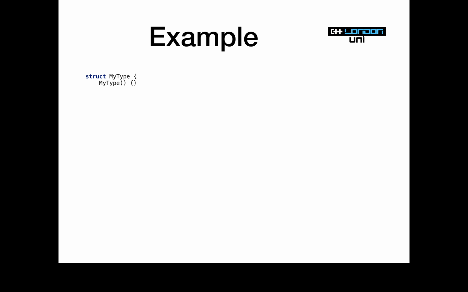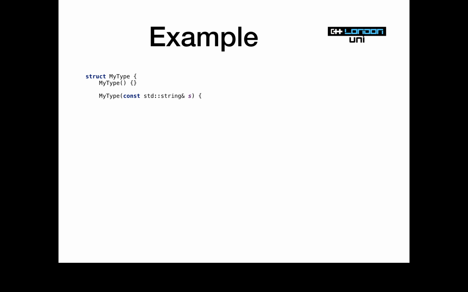Okay, so here I've got a struct called myType, and this is a constructor, so it's got the same name as the class, no return type. In this case, it takes no parameters, and it's got an empty body. So we've defined this in the class, and it does nothing. That's fairly useless, you might think.